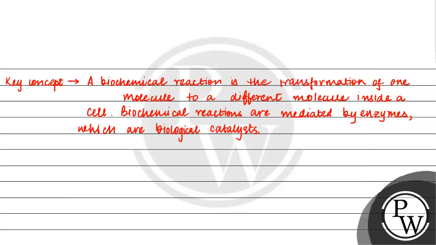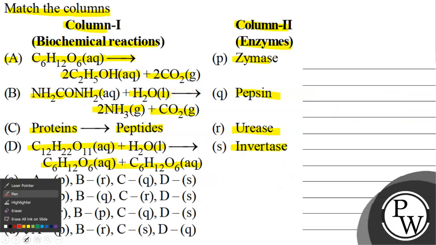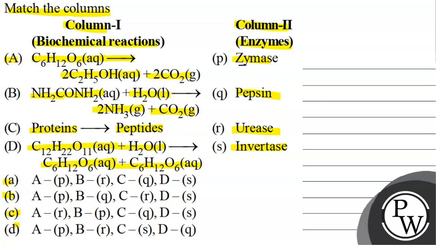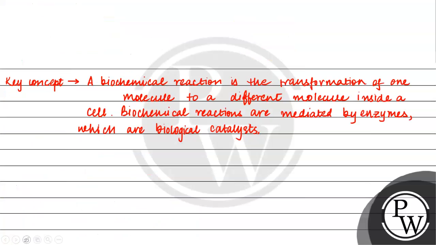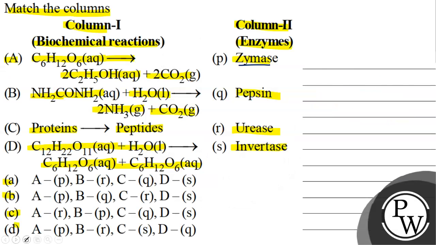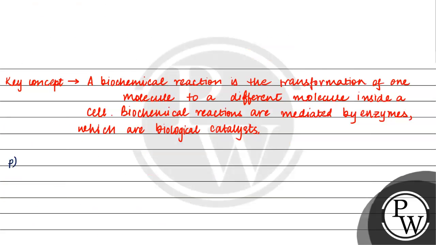Now, if we look into the question, we will see the options in column B. पहले हमें दे रखा है zymase. Now, let us talk about option number P, which is zymase.